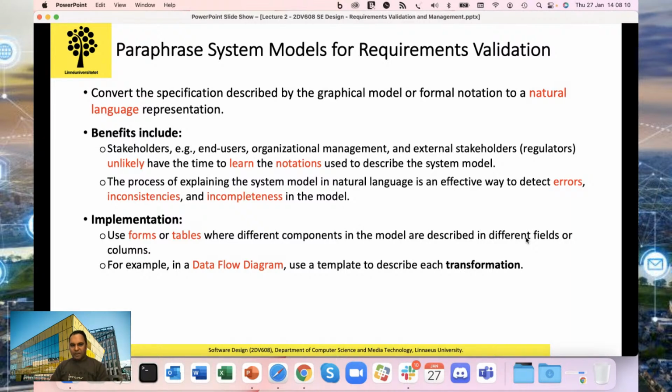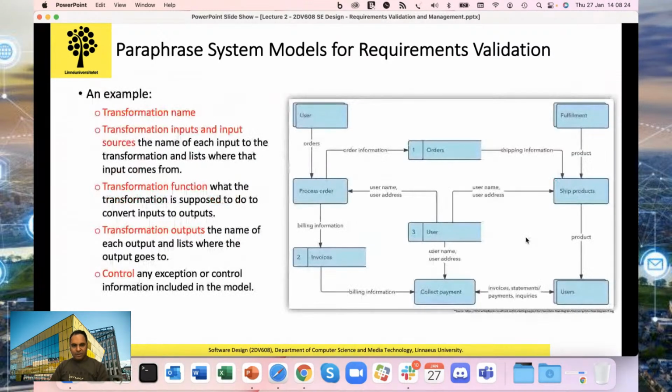One good practice is to write some short paragraphs, or maybe use some bullet points, on how one should read that diagram. I think I have an example in the next slide.